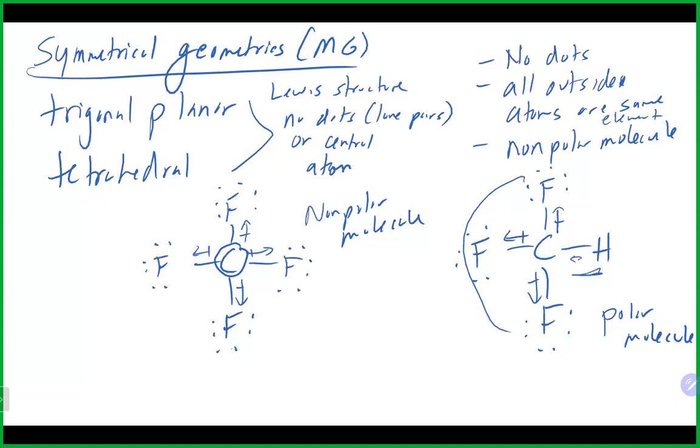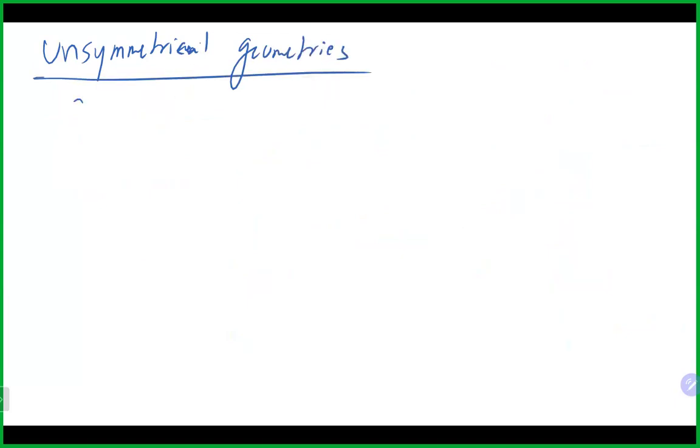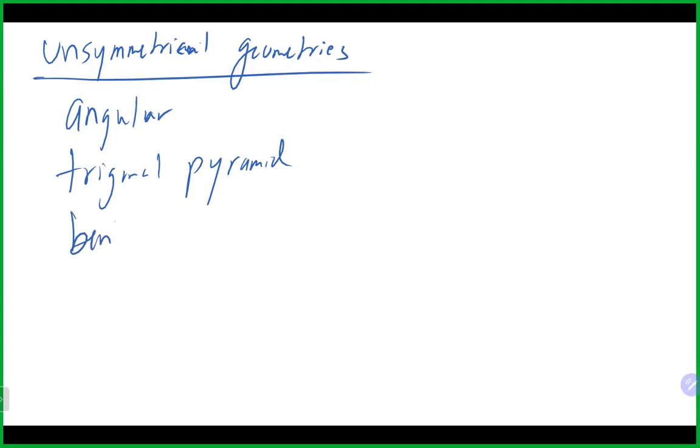Now, there's also some unsymmetrical geometries. And for you guys, that would include angular, trigonal pyramid, and bent or V-shaped.